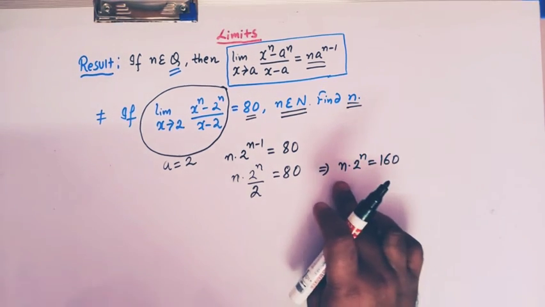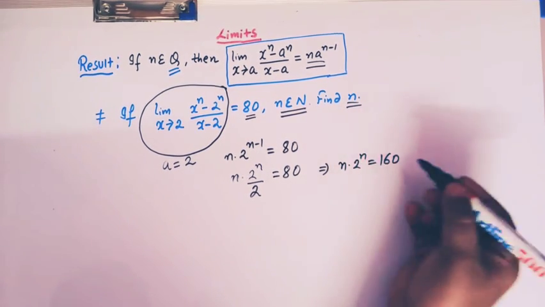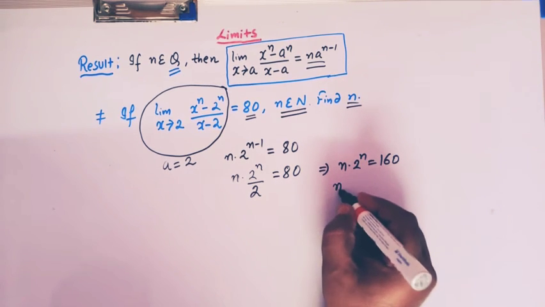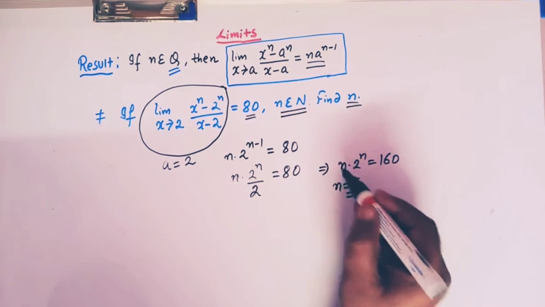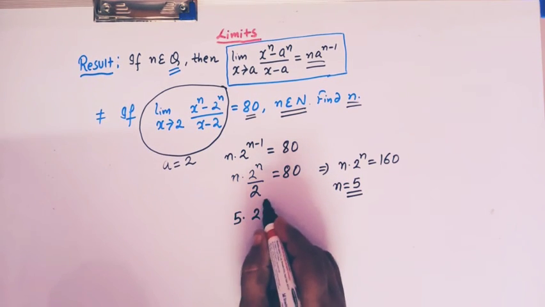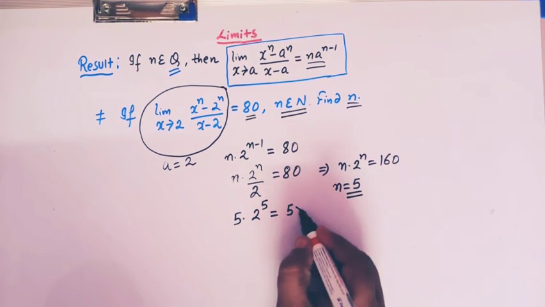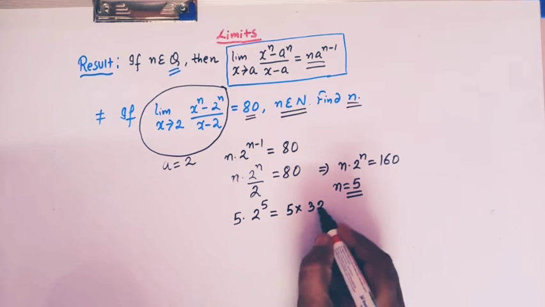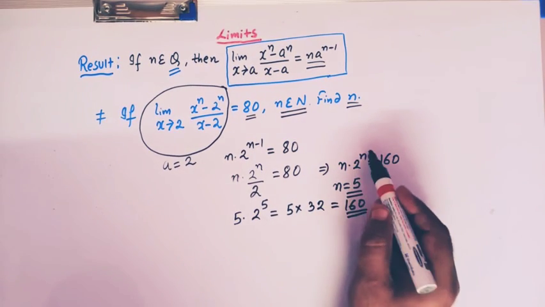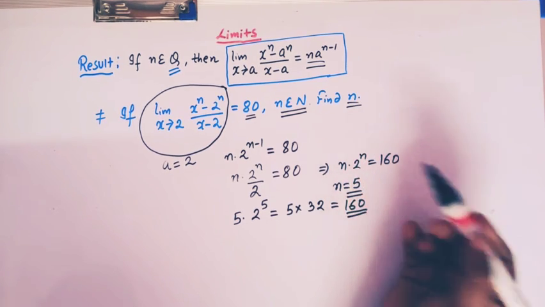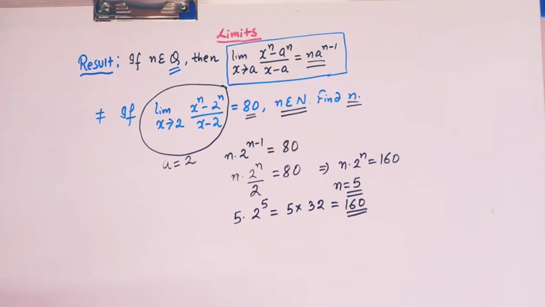So now by simple guesswork, we can see that the value of n is 5, right? Because 5 times 2 raised to 5 is 5 times 32, and this is equal to 160, right? So here by simple calculation we can decide that n is equal to 5.